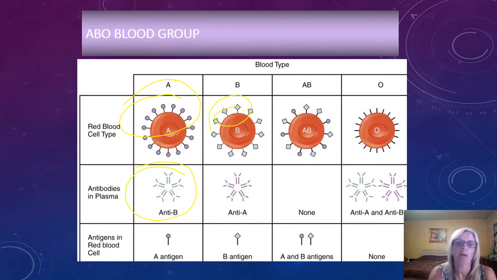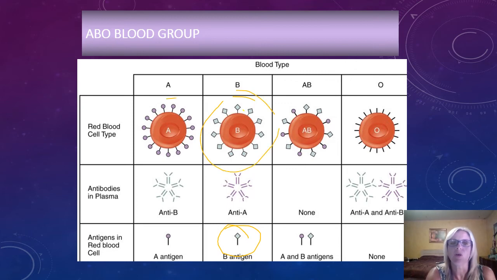All right? Now, if you are type B, we have the opposite situation. You can see the B antigen down here, okay, and it's all around here, but we don't have any of the A antigens. And so we have antibodies against the A antigens, so we can't receive anything that is type A.